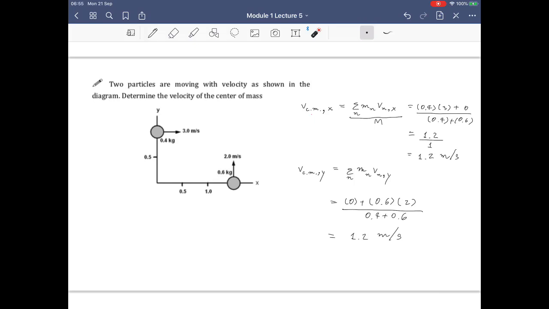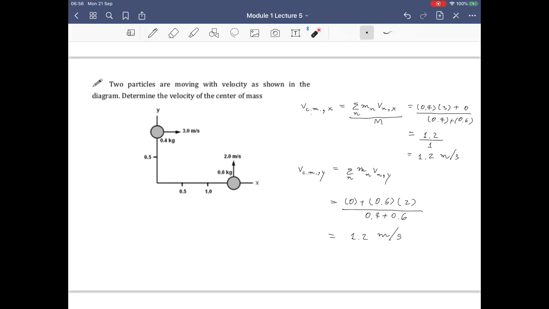Okay, so you can see that the component of the center of mass velocity, or the average velocity, in the x direction is just 1.2 meter per second, and that is coincidentally equal to the velocity of the cm in the y direction, which is also 1.2 meter per second.